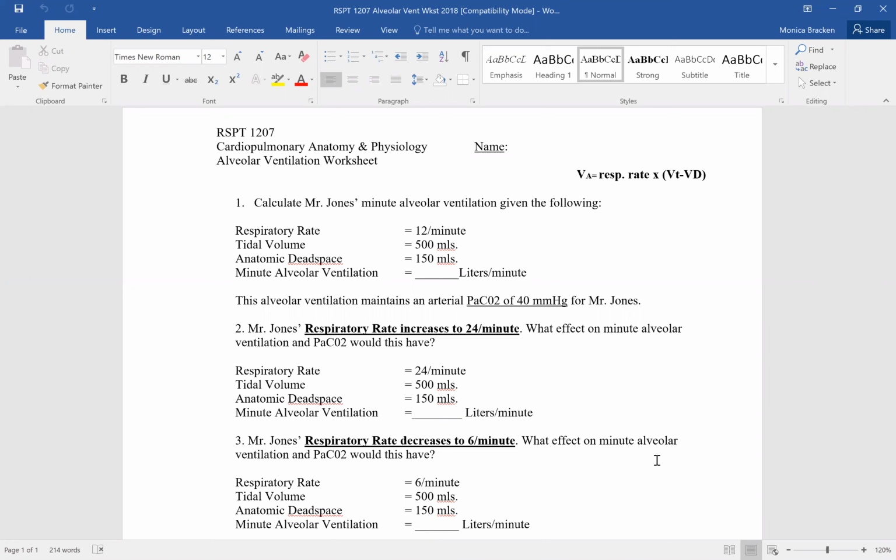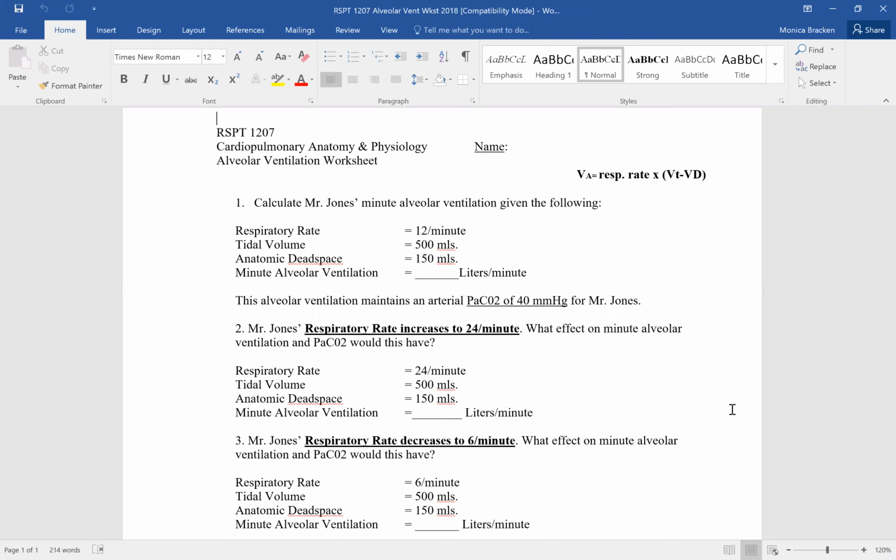And then you're going to let me know, based off of your results, whether or not the patient has increased CO2 or decreased CO2. So if you have an increase in alveolar ventilation above normal, it's going to wash out more CO2. If you have a decrease in alveolar ventilation below what's normal, we know what the normal value is because it's in our PowerPoint, 4.2 liters per minute, then you're going to have CO2 retention and you'll have an increased CO2. So it's a two-part thing to this worksheet.